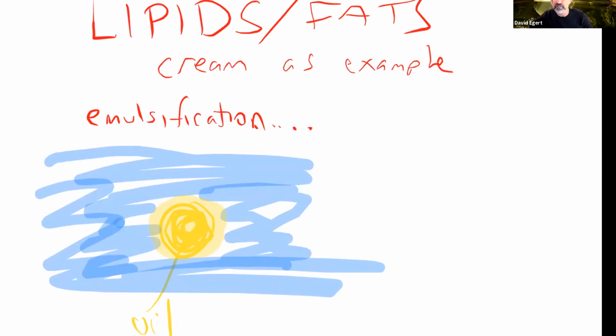You've all seen this if you've ever made a salad dressing with vinegar and oil, and you shake it up, and then the vinegar and the oil separate again, right? So the problem with this, you might have your enzyme. In fact, we do have an enzyme. The breakdown is going to be in the small intestine, is where we're going to watch the breakdown for this.